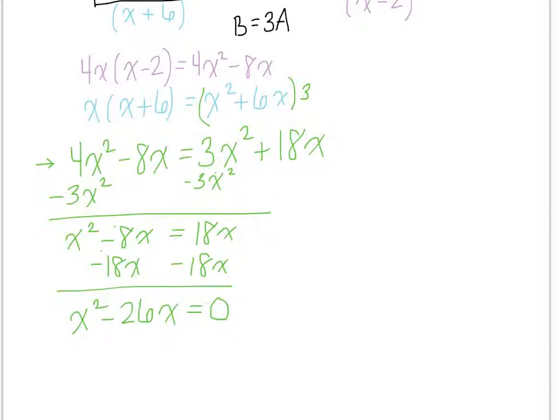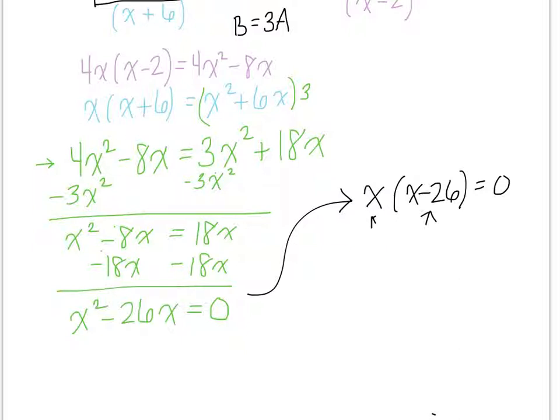So we're looking for factors of 0 that add up to negative 26. Easy enough. It's 0 and negative 26. You can also pull out a greatest common factor. So this would be x times x minus 26 equals 0. The zero product property works here too.